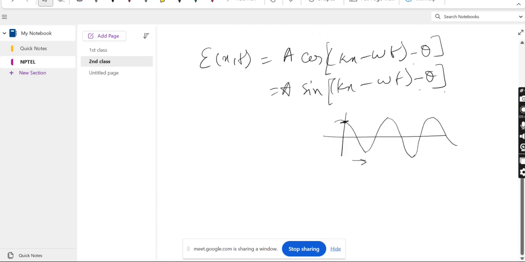That is mathematically something we all know. So we have the term which is the spatial quantity, the wavelength.